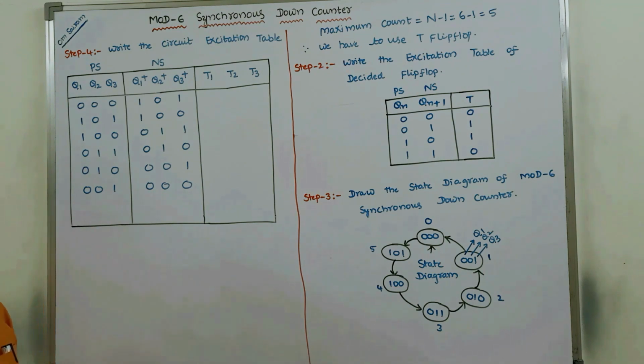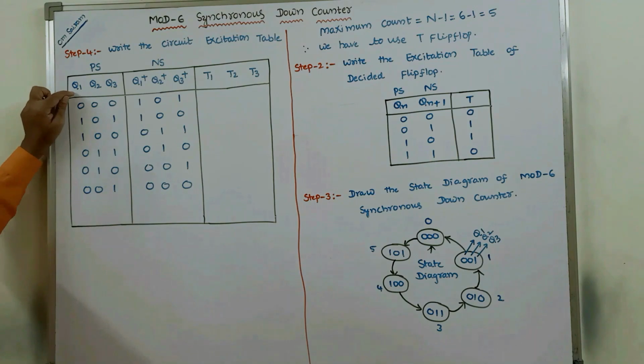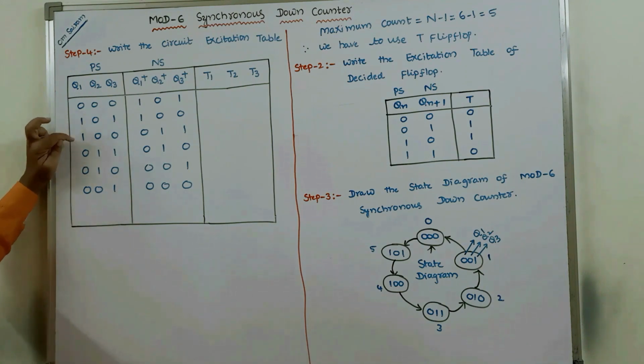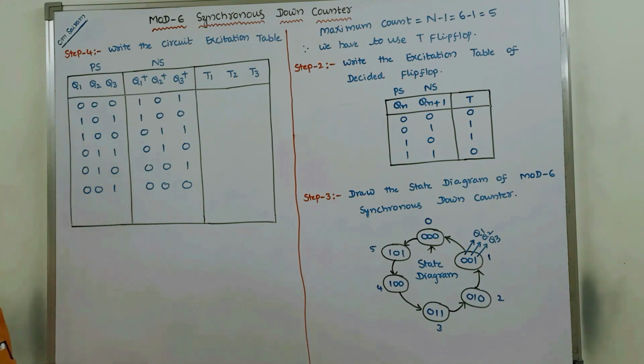Okay. We already know that with 3 bits, how many possible input combinations are we getting? 8 possible combinations, that means 2 power 3, 8. But here only 6 possible combinations are there.